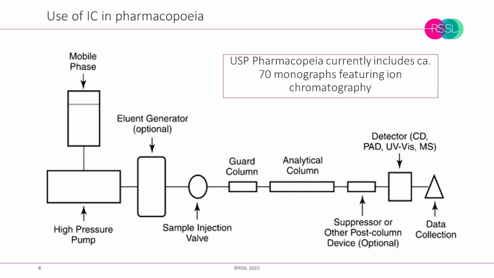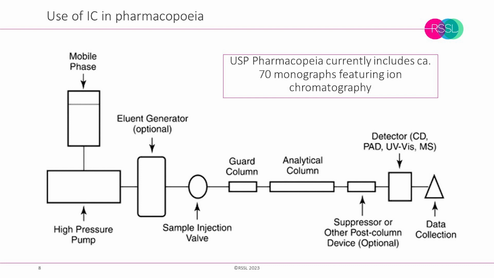The majority of IC methods use either anion or cation exchange chromatography coupled with suppressed conductivity detection. IC is especially valuable for ionic or ionizable analytes that have little or no native absorbance in the UV.